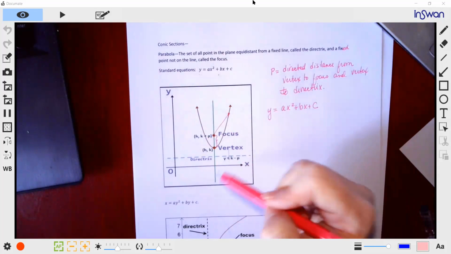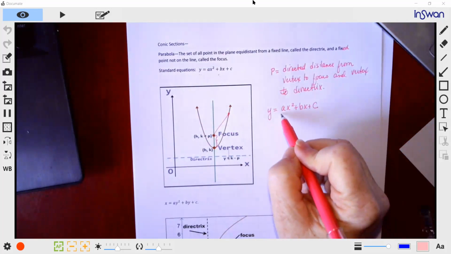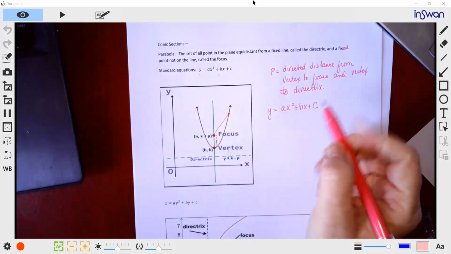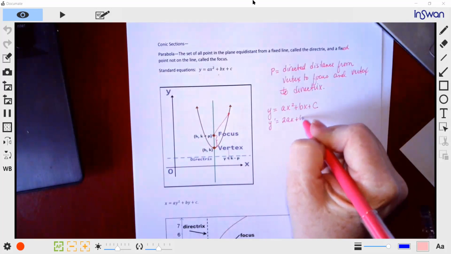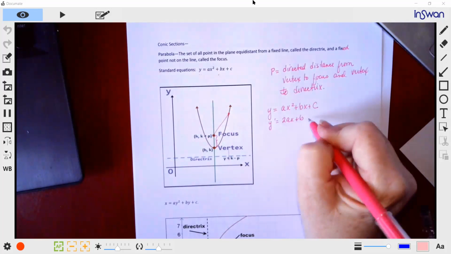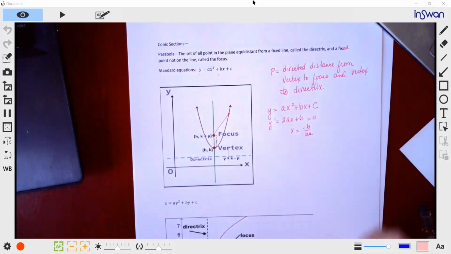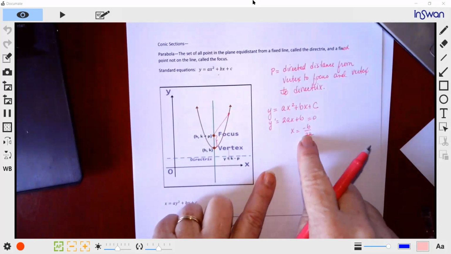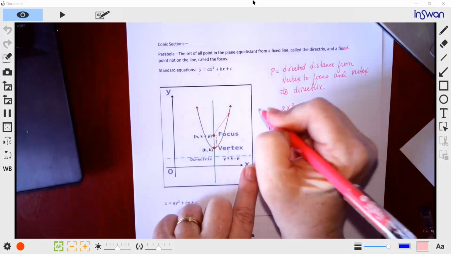Yes. Okay, so it's either the maximum or minimum, right? And so that happens when you have a critical value, in other words, when the derivative equals 0. So if you take the derivative, you're going to get 2ax plus b. If you set that equal to 0, you're going to get x is negative b over 2a. So your vertex is going to occur at x equals negative b over 2a, and then whatever you get when you plug that back in.